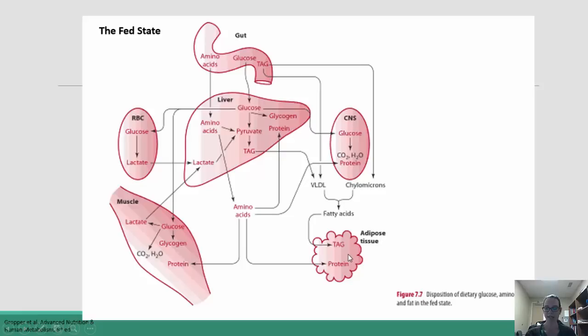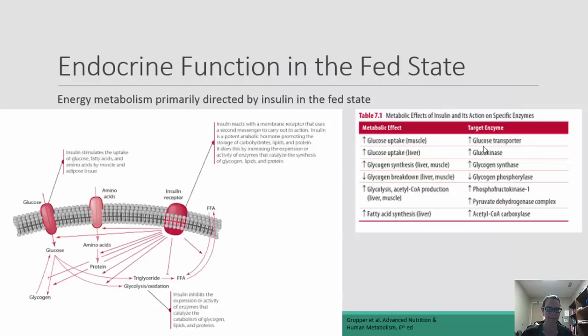Except for red blood cells, tissues can actively catabolize glucose in the TCA cycle. But in the red blood cells, we can't do that because we don't have mitochondria in order to go through our oxidative phosphorylation. Okay, so this is what's happening in the fed state.